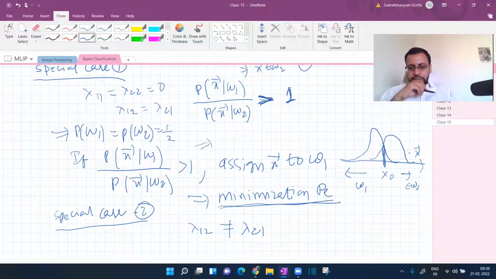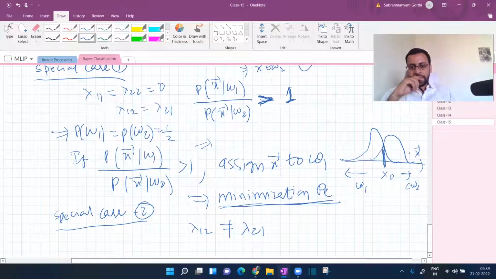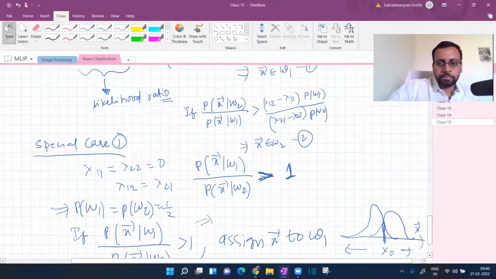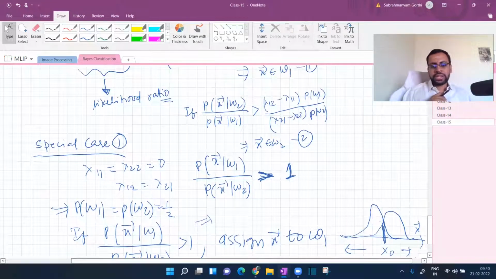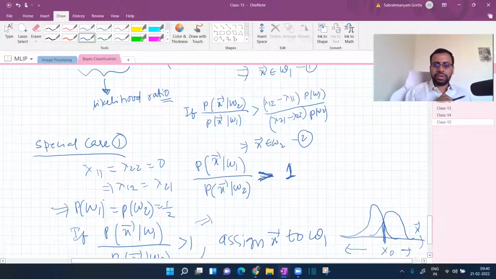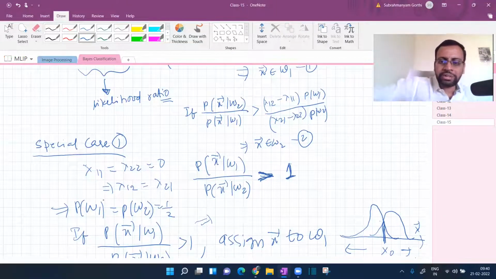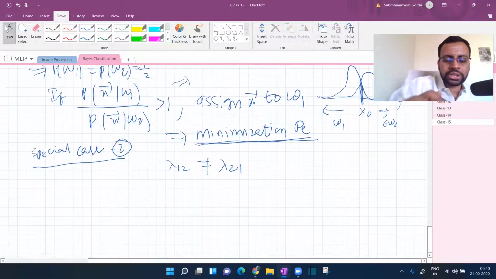Now let's assume that lambda 1 2 is not equal to lambda 2 1. Then what would this equation become? I am relaxing this condition now. They need not be equal, so I am going to penalize them differently. Let's keep omega 1 and omega 2 also in this equation.